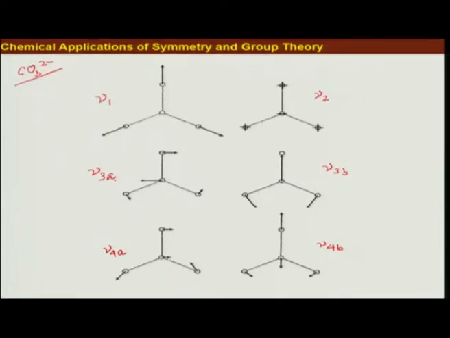Now there are two distinct properties of this type of motion, that is the normal modes of vibration. First, the vectors that we are using to represent the motion of a particular atom or a particular bond in a particular direction can be expressed as a linear combination of the basis vectors that we use.